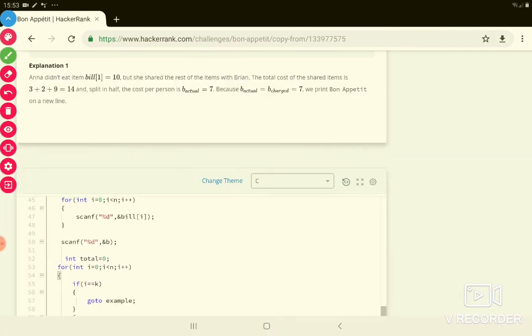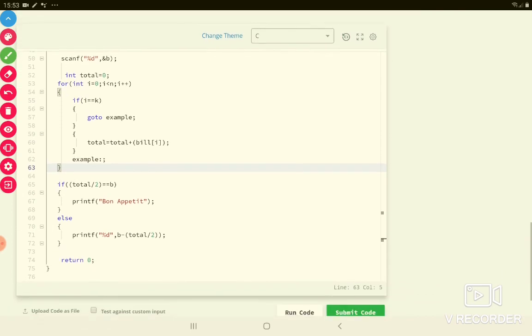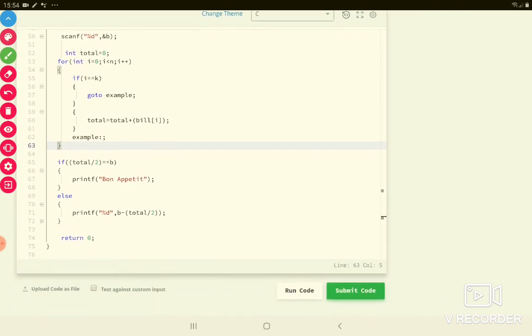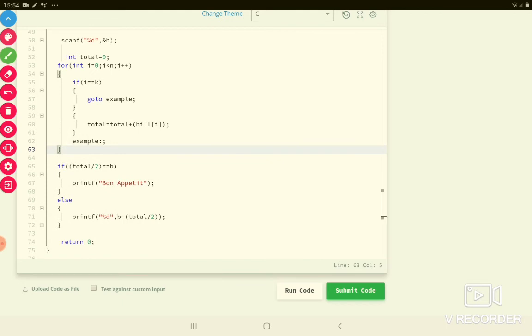Inside the for loop, if i is equal to k, that means i is the element that Anna didn't eat, then that should not be added to the value of total.